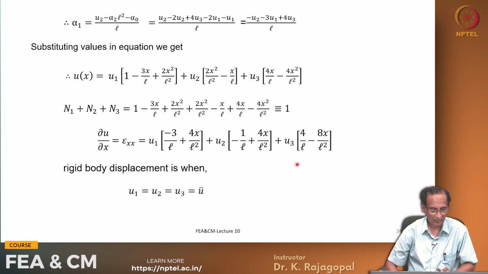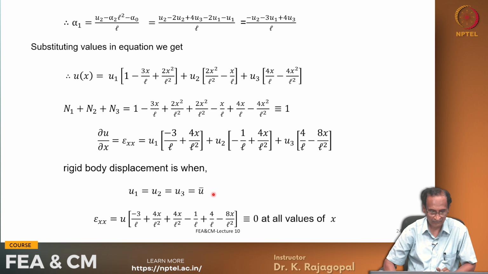And if you apply a rigid body displacement for the system, let us calculate strain in this system. Rigid body displacement is when u1 is equal to u2 and u3 is equal to u3, and let us say that is equal to u bar.